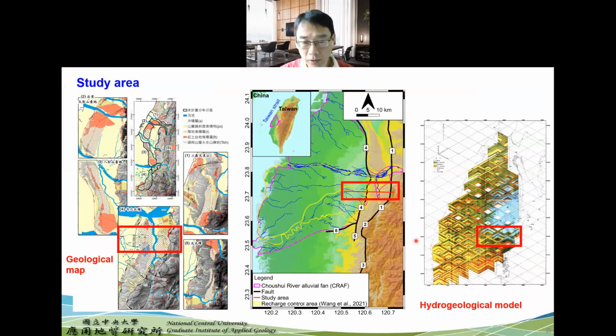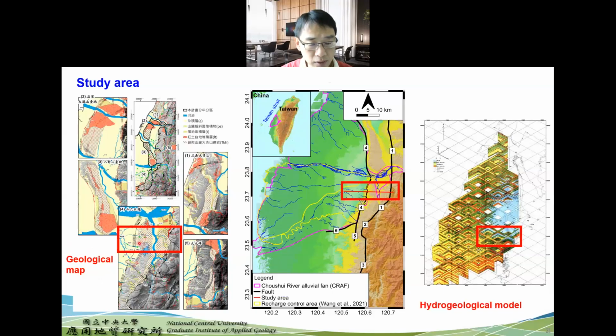So for the study area, we try to draw the area like this. This is the Joshua River, and the polygons show the Joshua River alluvial fan. We try to have the cross sections here. In the previous study, they had the geological information and tried to understand the geology.